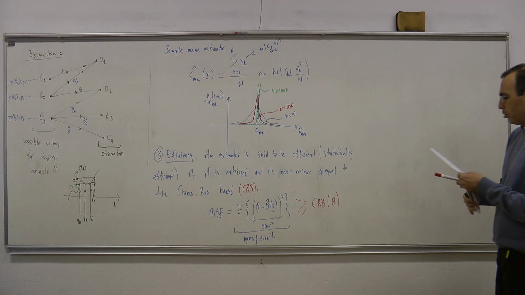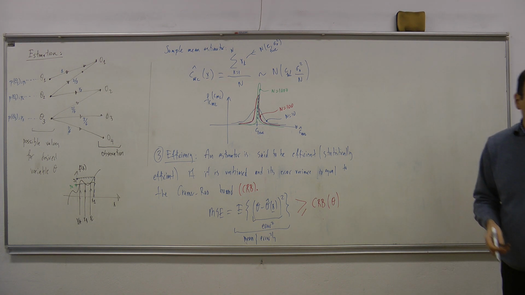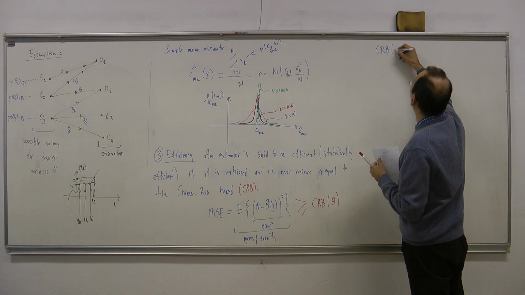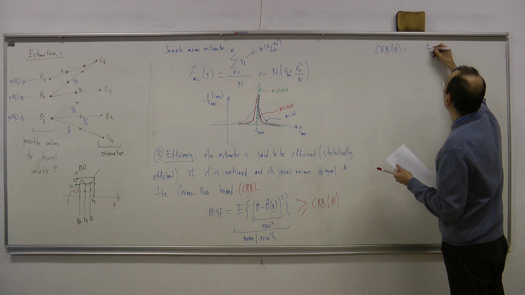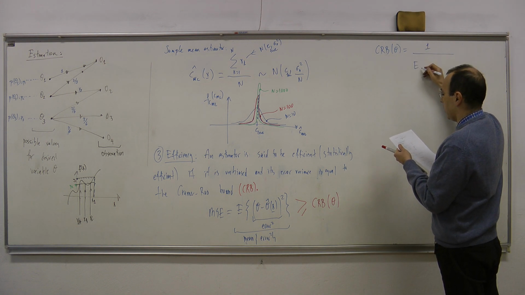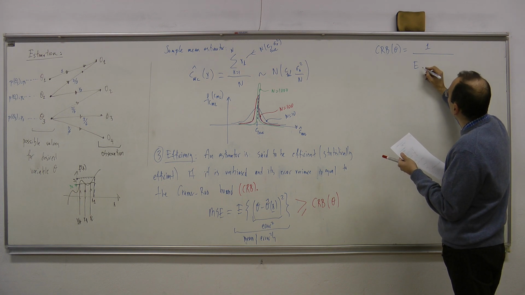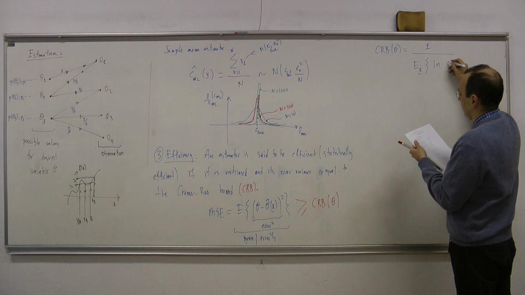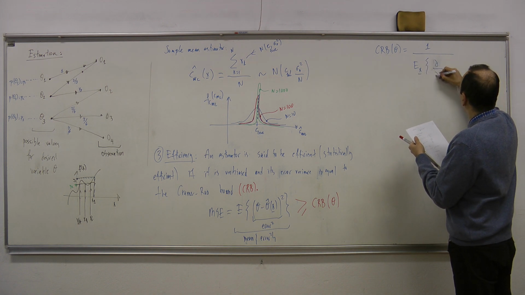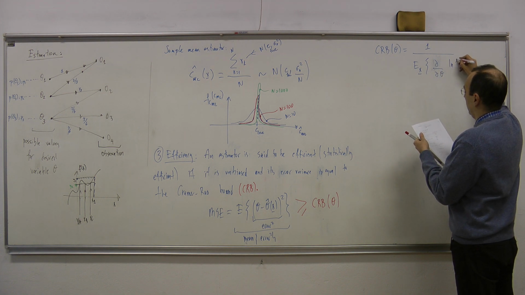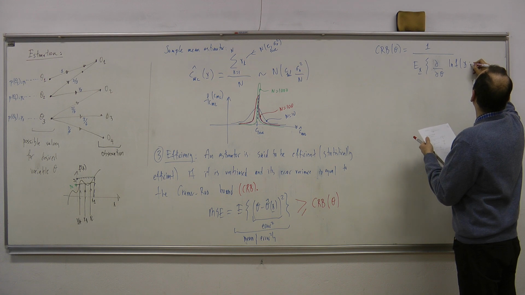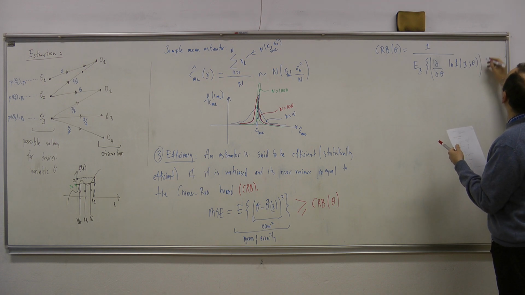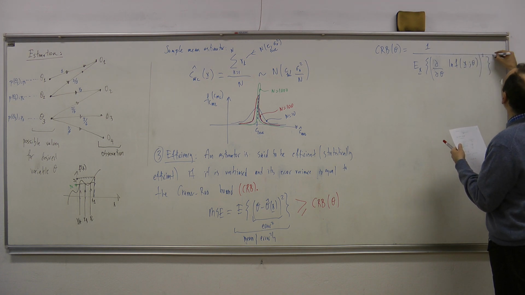So what is that, the Cramér-Rao bound? CRB of theta. I'm briefly explaining this. Now we are taking the expectation over x of the derivative with respect to theta of ln.